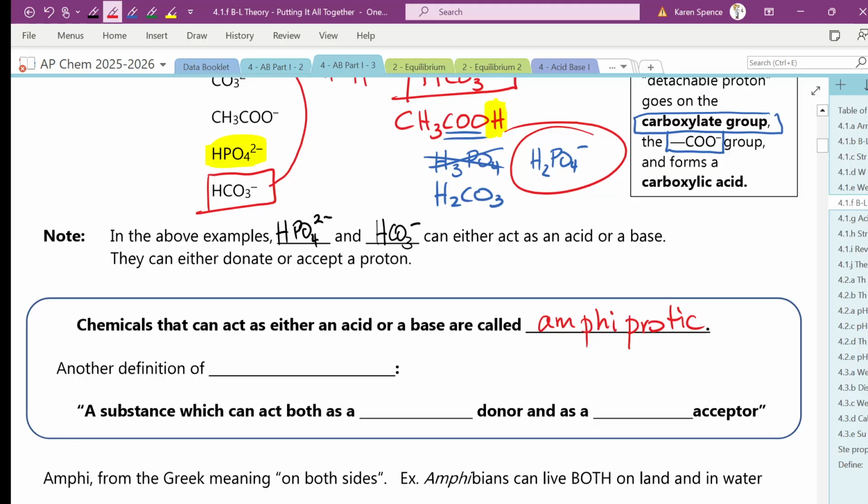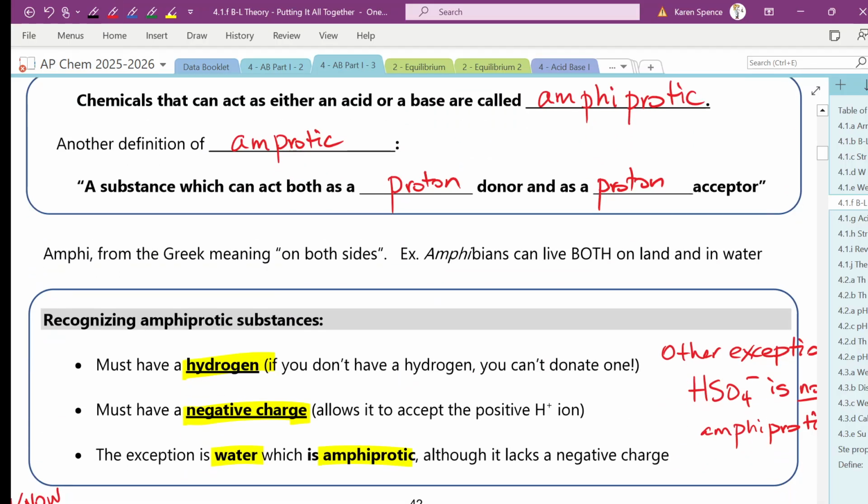Sometimes I get people with ambidextrous, but it's amphi. Another definition of amphiprotic: a substance that can act as both a what donor and a what acceptor? Proton. Proton, proton. Excellent. And that's it for this page.